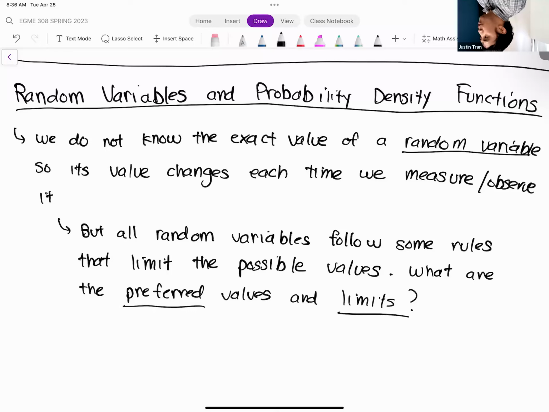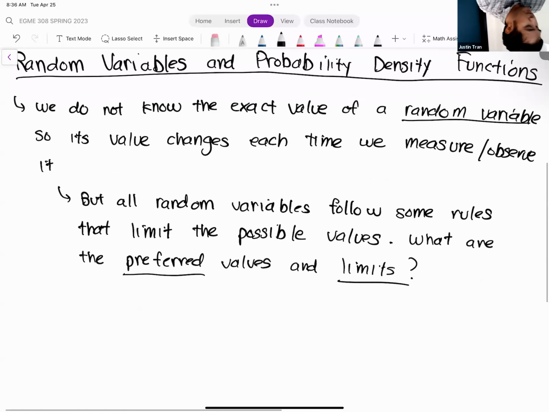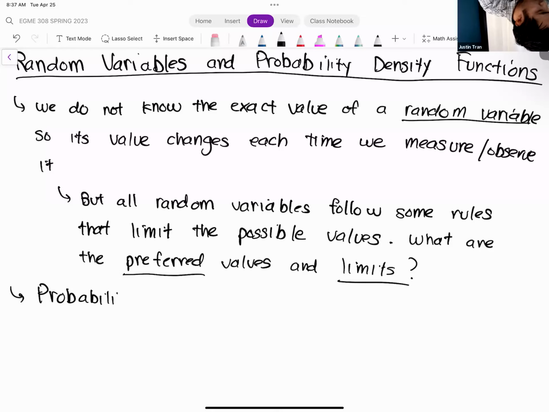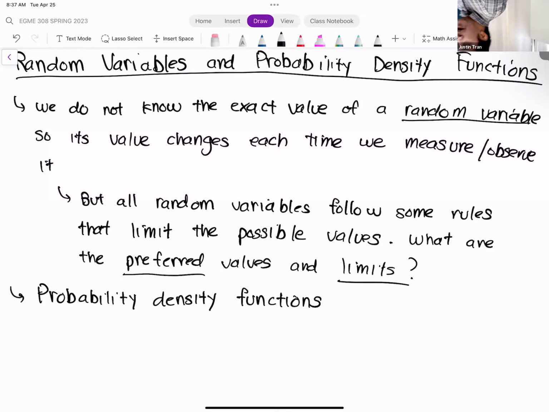That's often what we want to know about random variables: what's the preferred value, and what are the limitations of how much it can vary. This is the purpose of probability density, which we just started talking about last time. Probability density functions are a way for us to describe the behavior of a random variable.